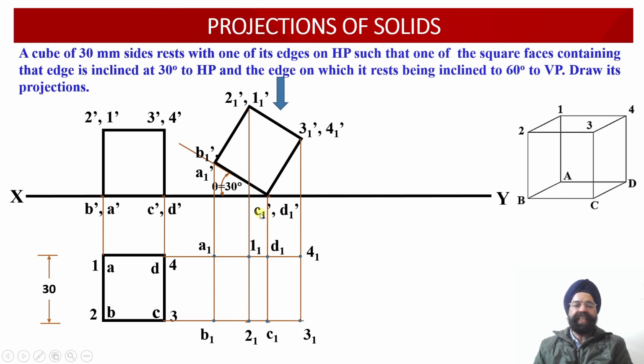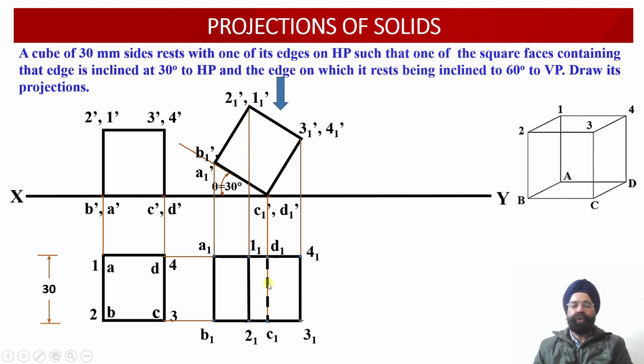This edge, C1 dash and D1 dash, is lying farthest away from the observer. So unless those edges fall into the boundary, all those edges in the top view will be drawn as dotted lines. Now as we join all these edges, we can see we have joined A1, B1 and then C1, D1 and then D1, A1. So C1, D1 is not visible to the observer because it is farthest away from the observer.